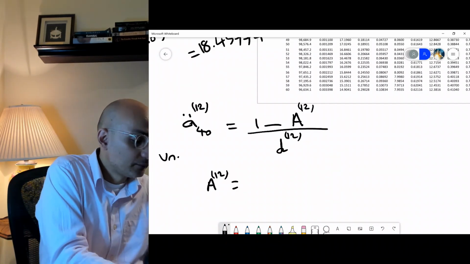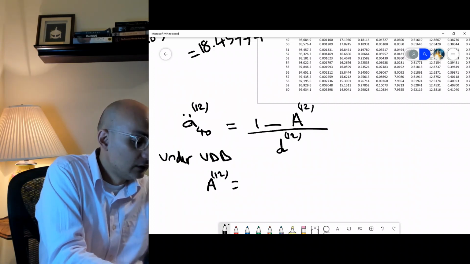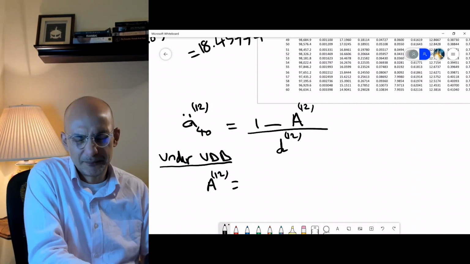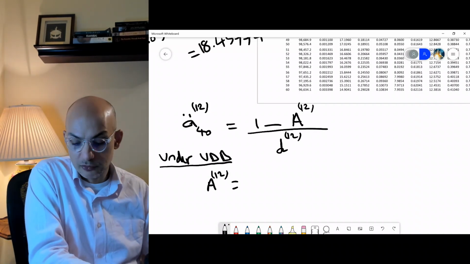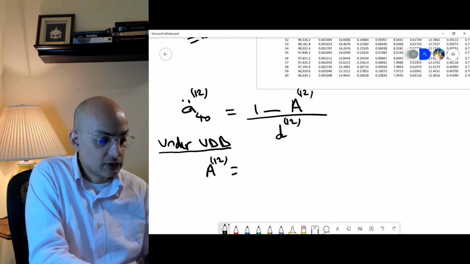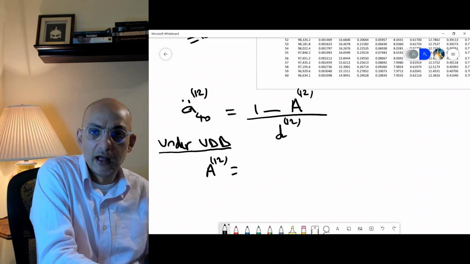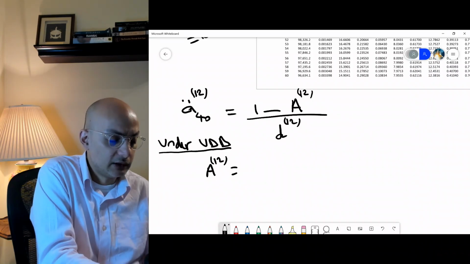What's A^(12)? Under UDD, the assumption of uniform distribution of death, this is an approximation. Under UDD you can calculate A^(12). Remember, we did this before in the theory for how we calculate insurance benefit paid monthly.